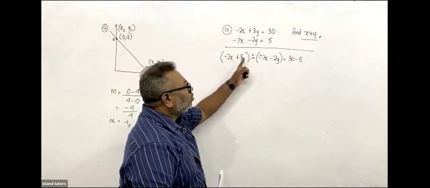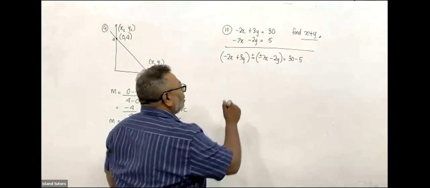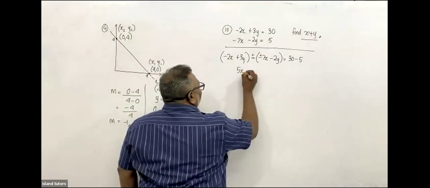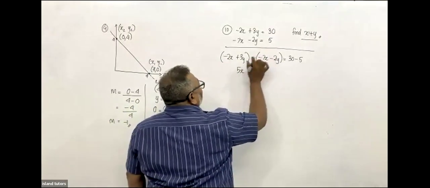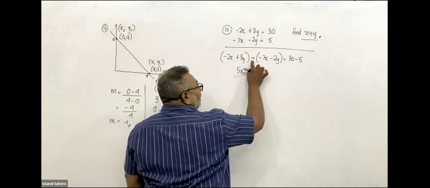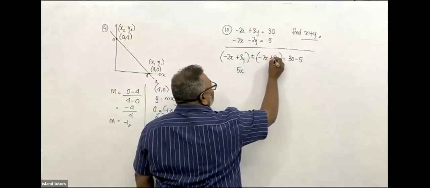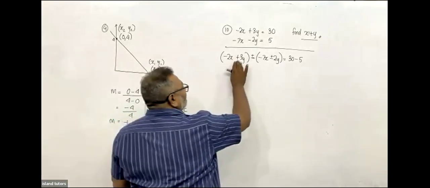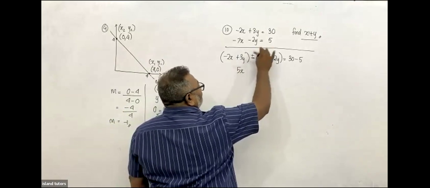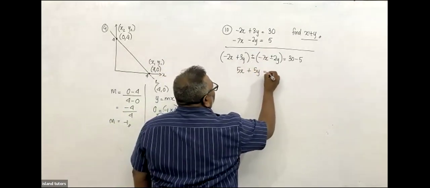So this is plus 7x. So minus 2x plus 7x, you subtract, you get 5x. Then plus 3y minus 2y. Again, this becomes plus, this becomes plus. Right? So plus 3y plus 2y, you're getting plus 5y.